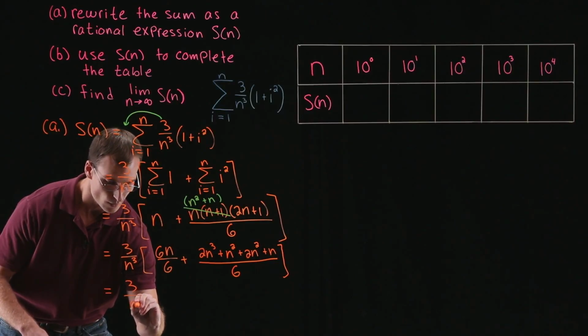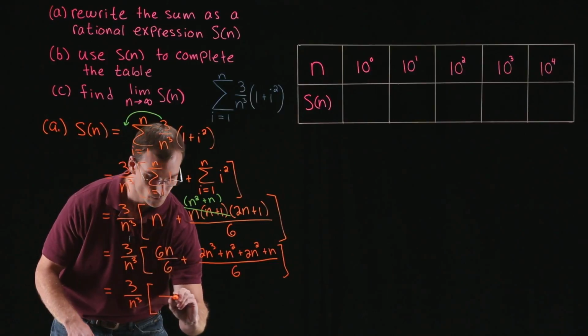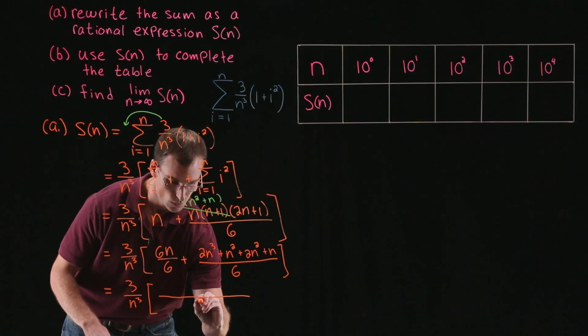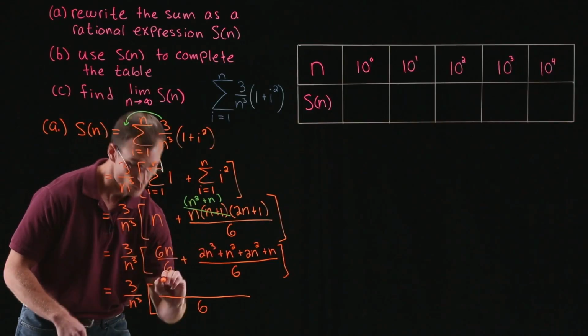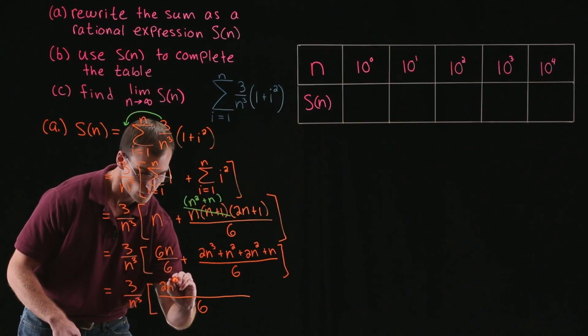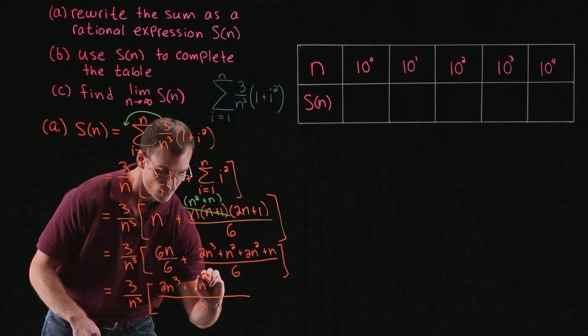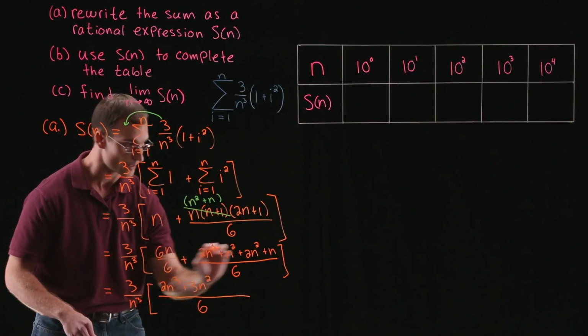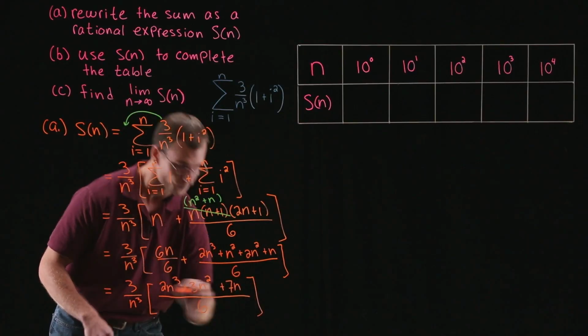This will be 3 over n cubed, all over a common denominator 6. So combining like terms, we have 2n cubed, n squared plus 2n squared is 3n squared, and 6n plus n gives us 7n.